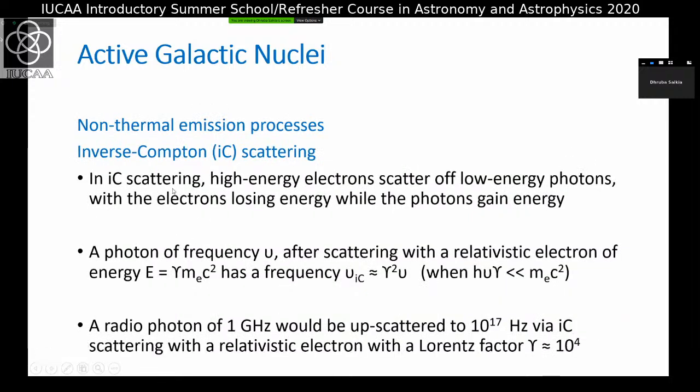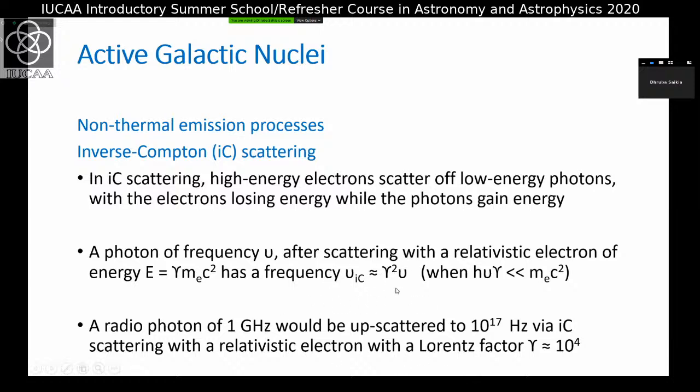Now, you'd have also learned about inverse Compton scattering. I'm just mentioning these two primary processes because they'll be relevant in terms of the jets which we discuss. High energy electrons scatter off low energy photons, so the electrons lose energy while the photons gain energy. And I've just given an expression over here.